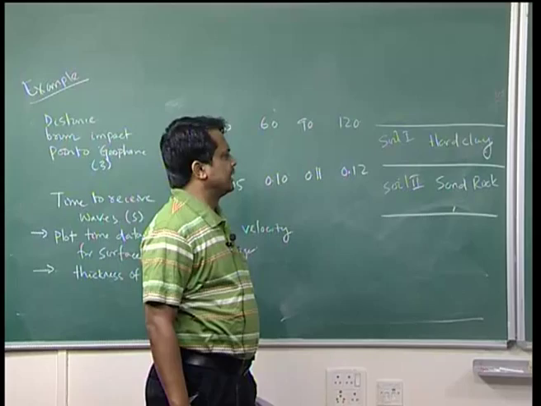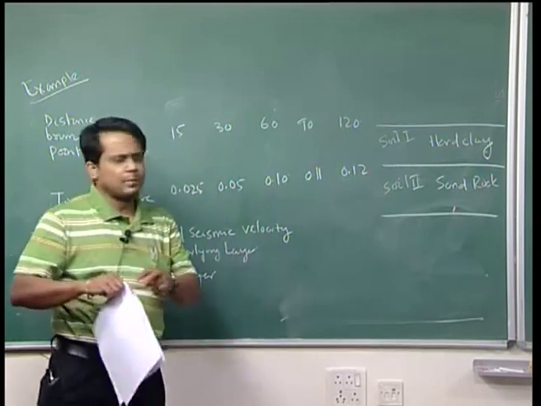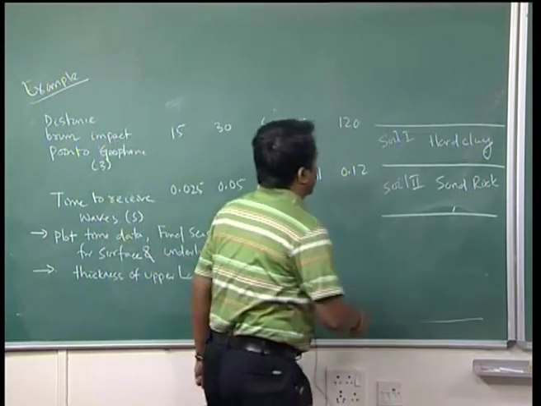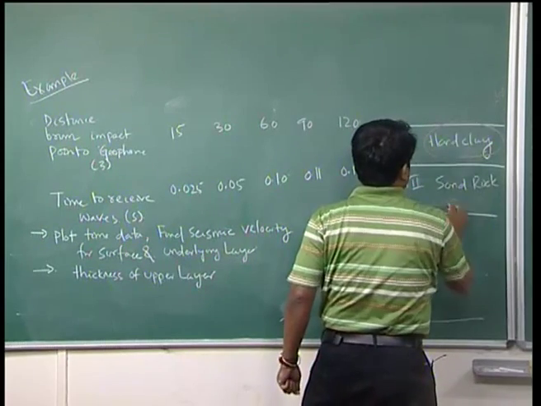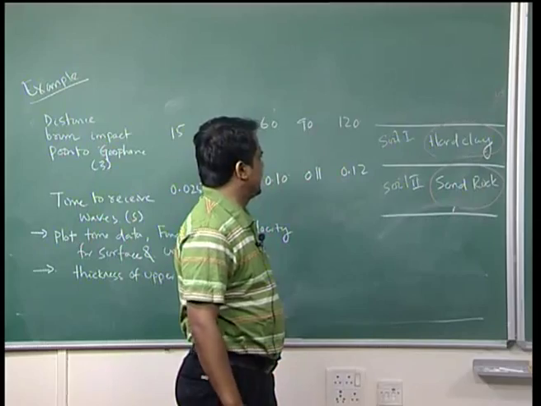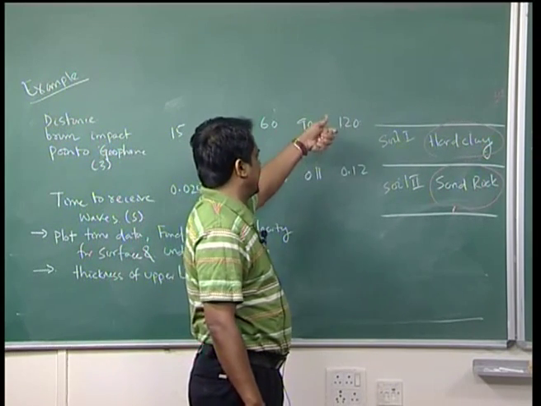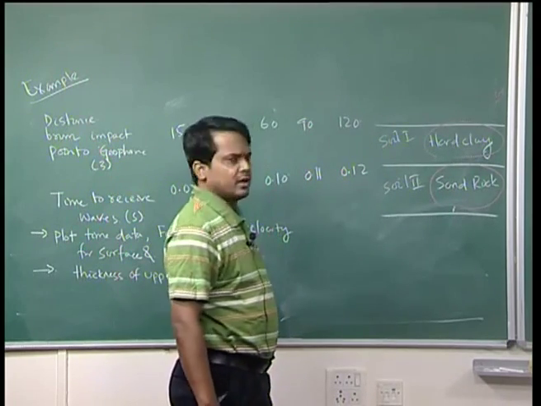That means with this method you can predict what kind of soil it would be. It may be hard clay, and layer 2 is sand rock. Based on detailed soil classification, you can confirm whether it is hard clay or sand rock.